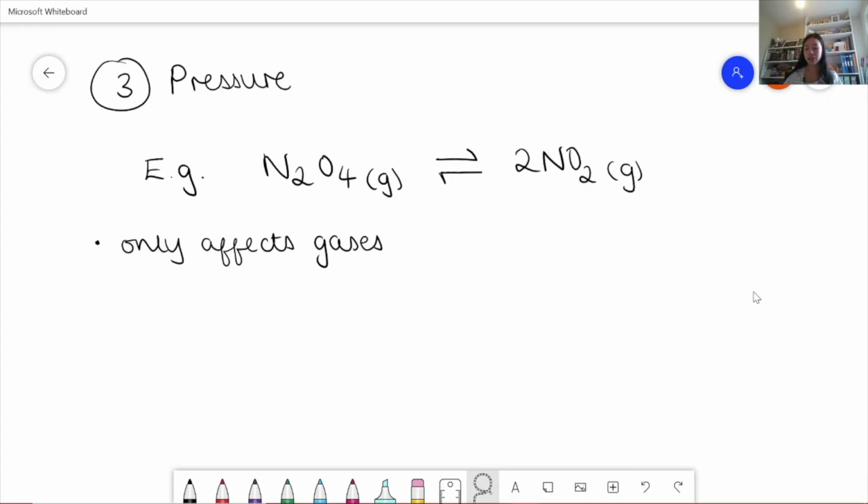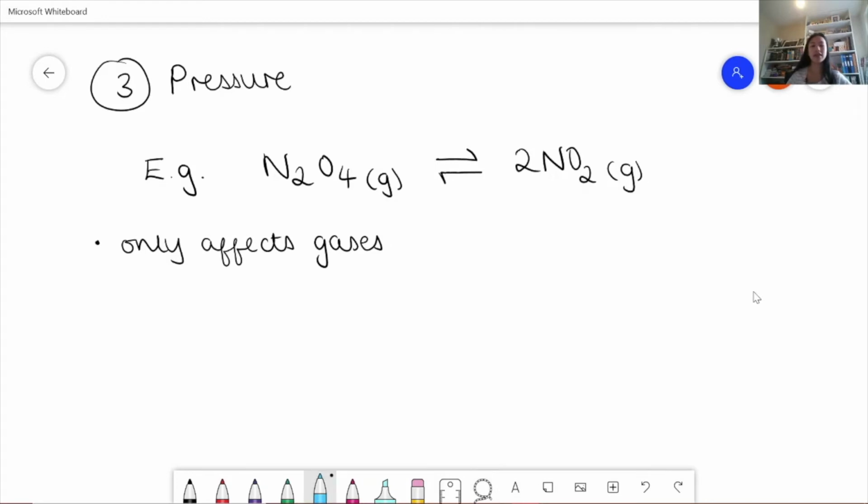So increasing the pressure is actually equivalent to increasing the concentration. So as we increase the pressure, the equilibrium favors the side with the least number of gas molecules, and so decreasing the pressure will move the equilibrium to the right.